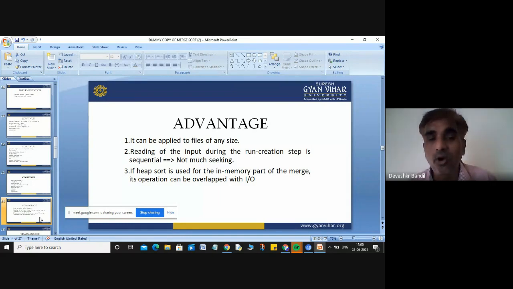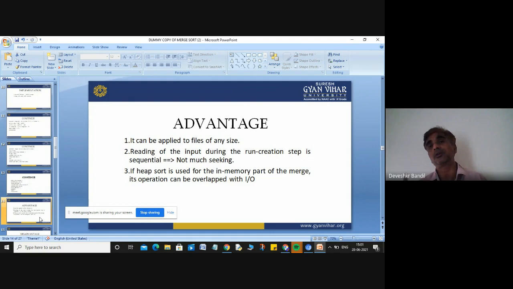Advantage of your merge sort: it can be applied to files of any size. First of all, your first main advantage is that you can apply it to files of any size. And if we talk about the insertion sort and the selection sort, your insertion sort and selection sort apply to small size files.